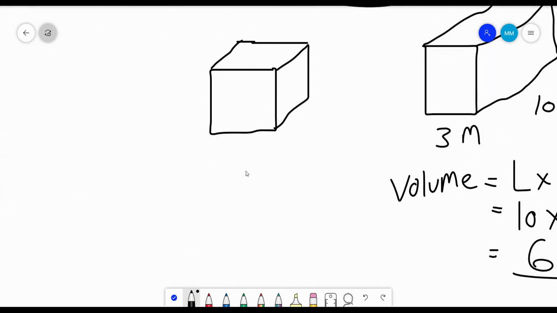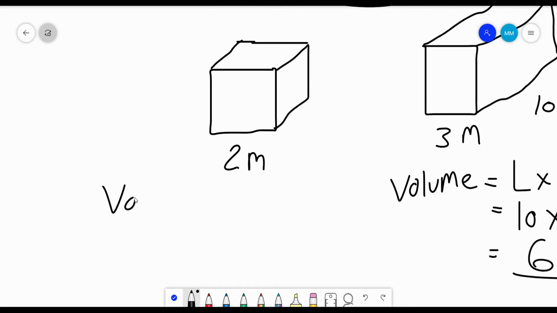The cube, on the other hand, we only need to know one of the lengths. So let's say it is 2 meters. Because all the sides are the same, you only need one length.